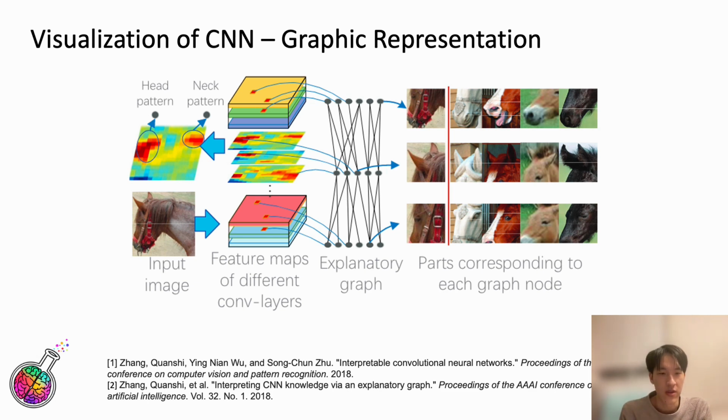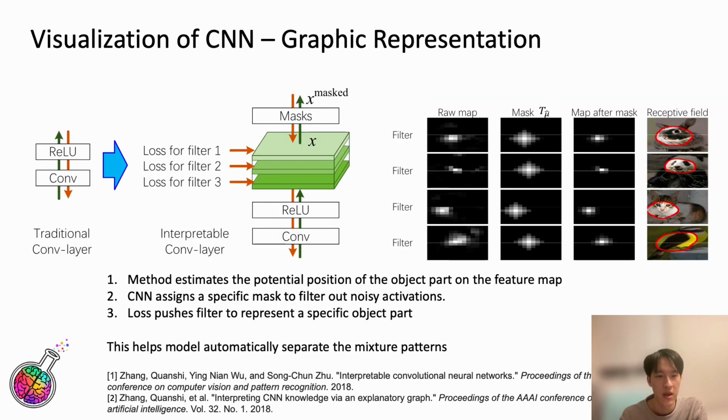So there is a method called the explanatory graph. They use the explanatory graph to separate the mixture of patterns. In this way, the mixed patterns are separated, and we can see which part of the image caused the model to predict the right class. Furthermore, they introduced a method called interpretable convolutional neural networks.